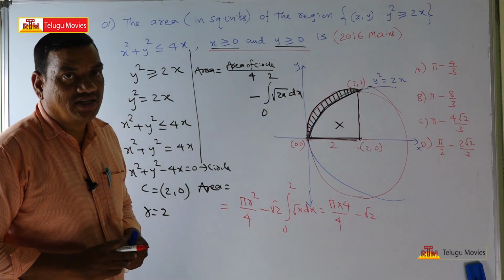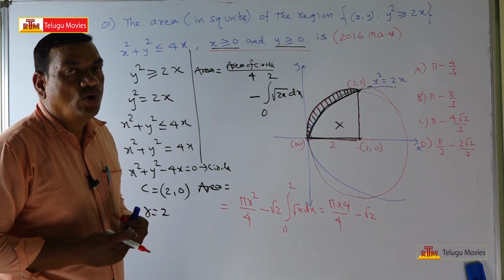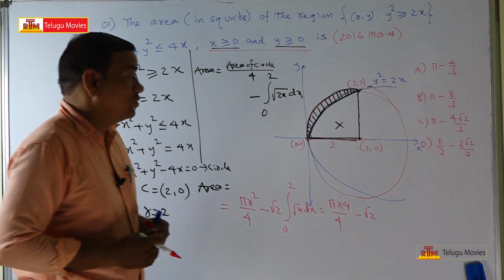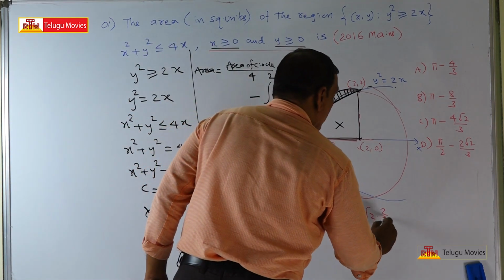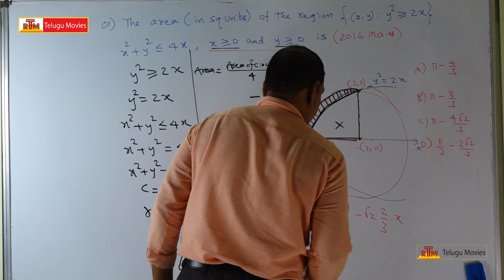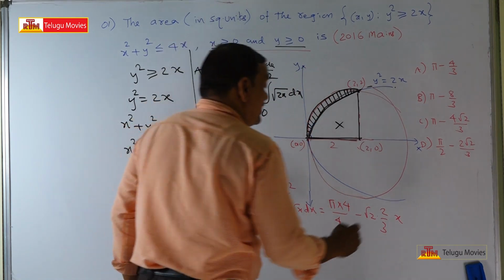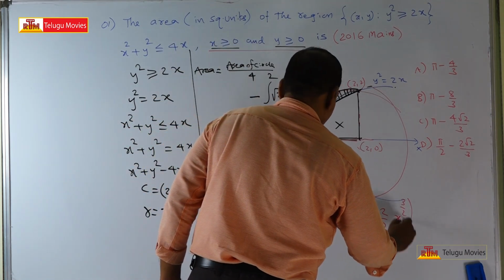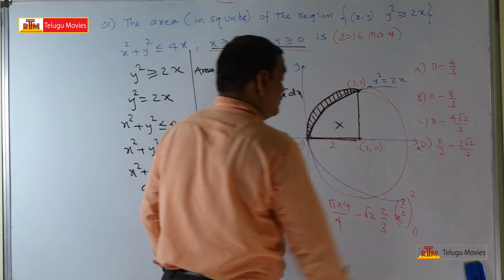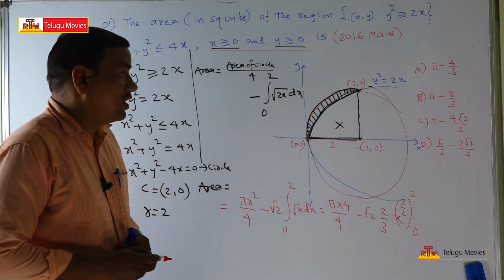Root x integral means x power 1 by 2 plus 1, that is 3 by 2. So this will become 2 by 3 x power 3 by 2, from 0 to 2, upper limit 2, lower limit 0.